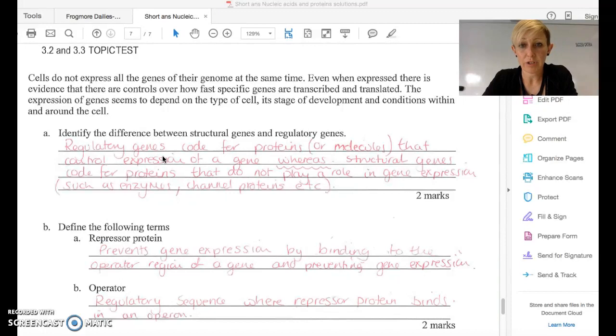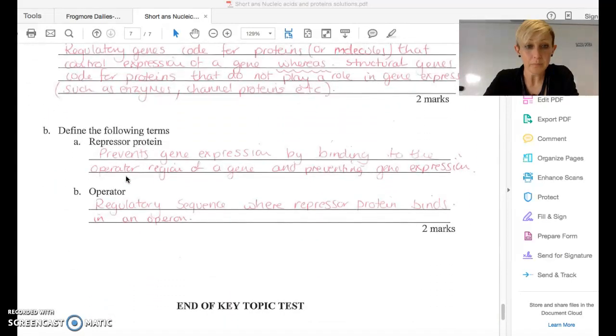Describe what regulatory genes do, and then explain how structural genes differ. So regulatory genes produce a molecule that controls gene regulation, whereas structural genes produce proteins or molecules that do not control gene regulation. You needed both of those statements to get both marks.